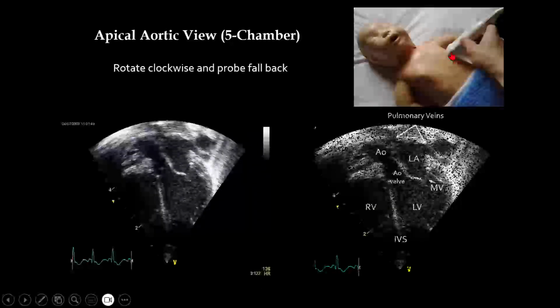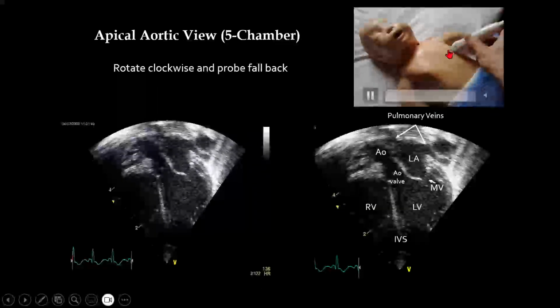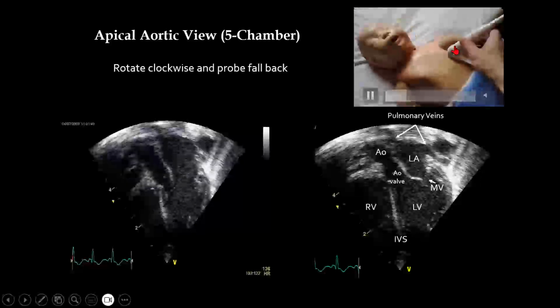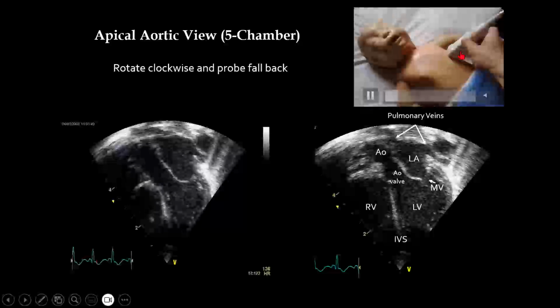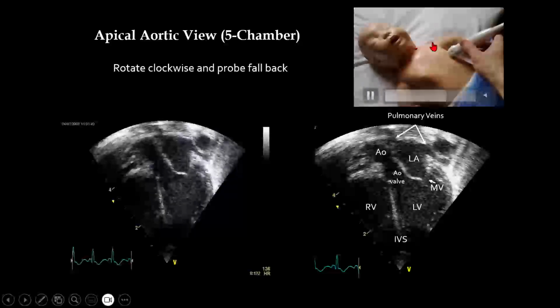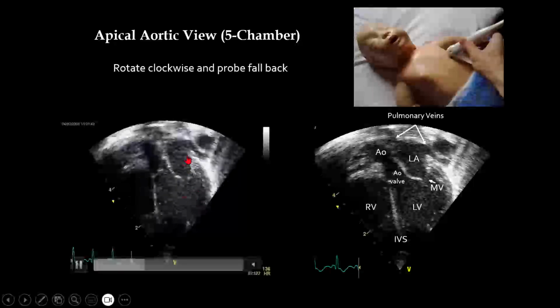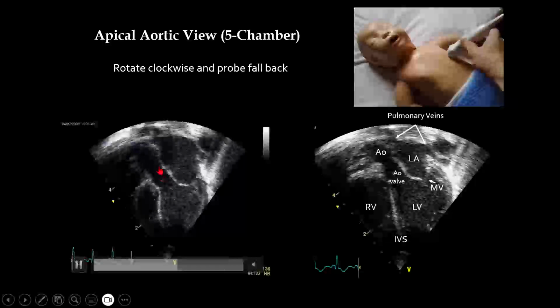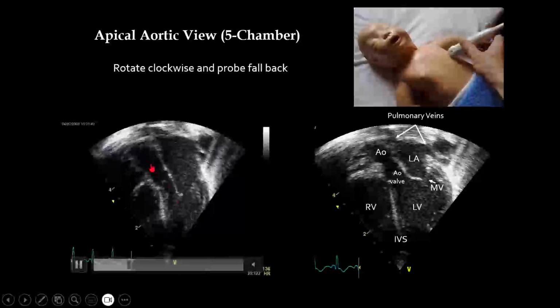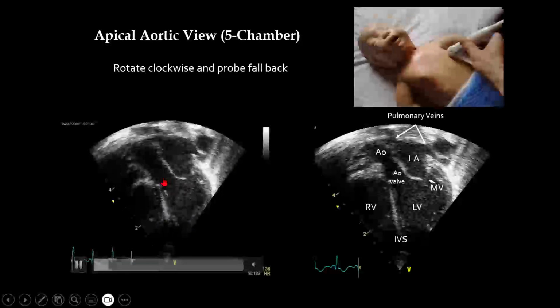And then, what I've done is I have rotated the probe from 2 o'clock to 3 o'clock, and I've swept the probe anteriorly, that is upwards. So what I've seen is four chambers, LA, LV, RA, RV, interventricular septum, but this fifth chamber has opened up. So this is your aorta, and this is your aortic wall.